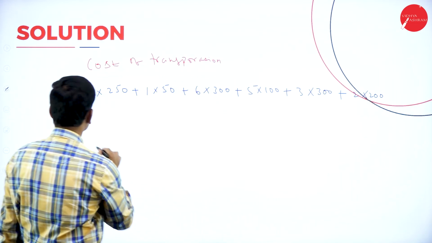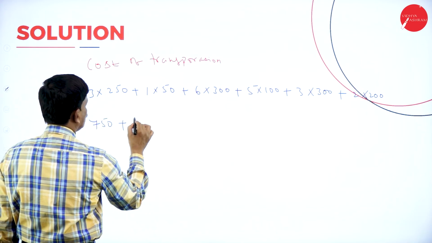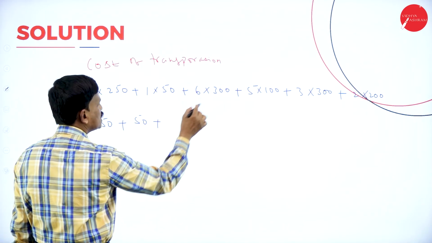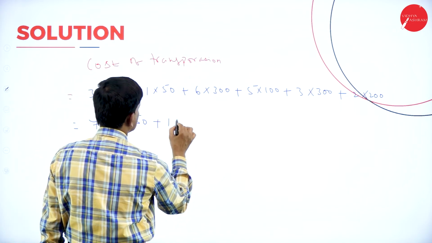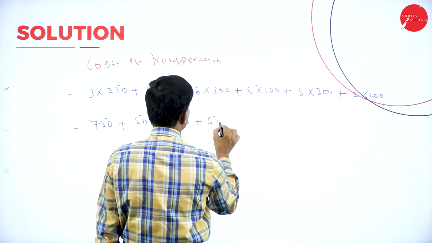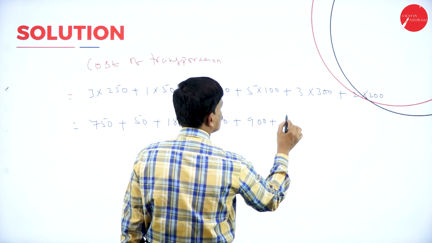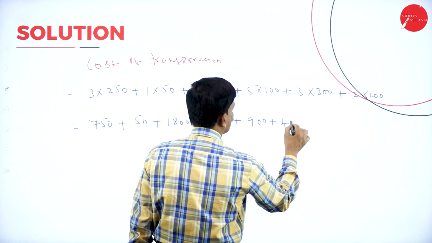Simplify this. 250 into 3 is 750. 50 into 1 is 50. 6 into 300 is 1800. 5 into 100 is 500, plus 300 into 3 is 900, plus 200 into 2 is 400.